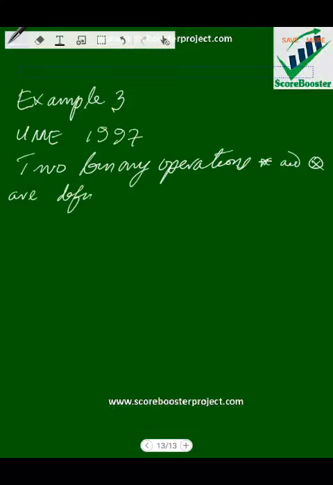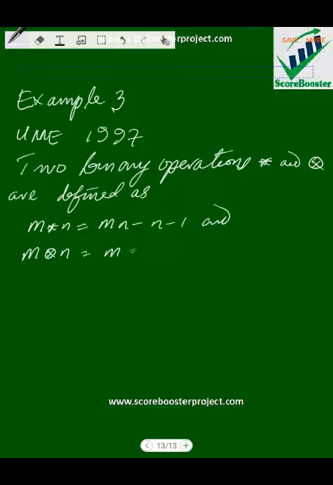They are defined as m star n is equals to mn minus n minus 1, and the second operation is defined as m cyclic x n equals mn plus n minus 2, for all real numbers m, n.